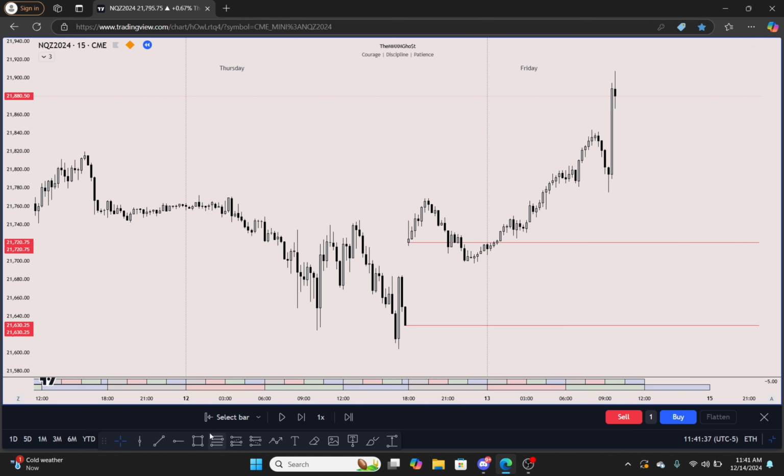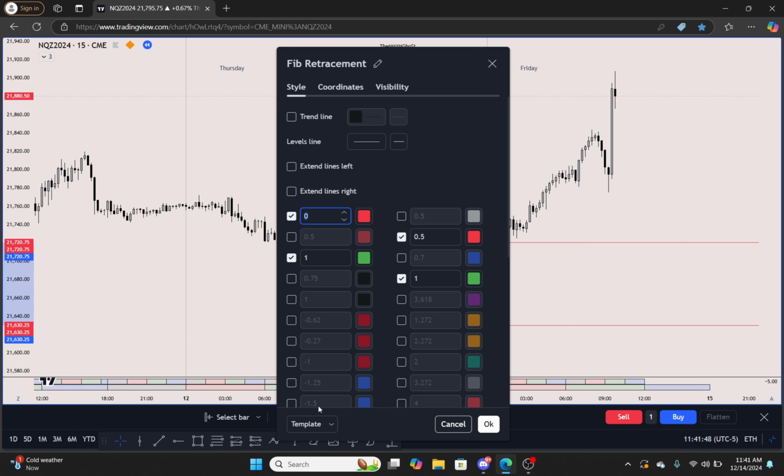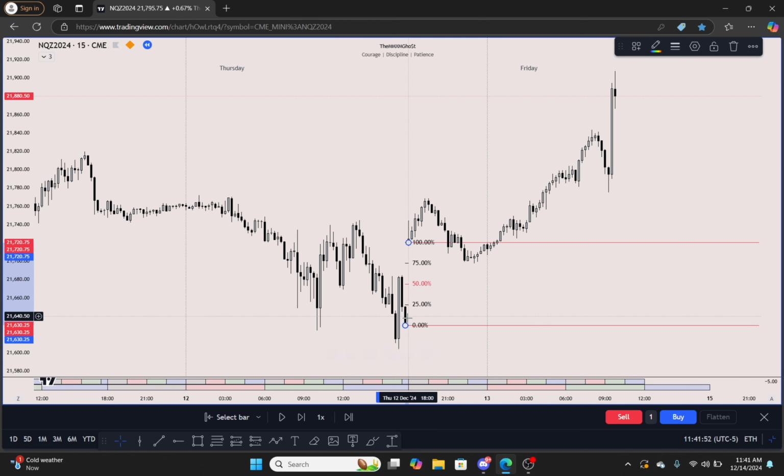Okay, now if we measure this new day opening gap, we can see exactly where price retraces into.